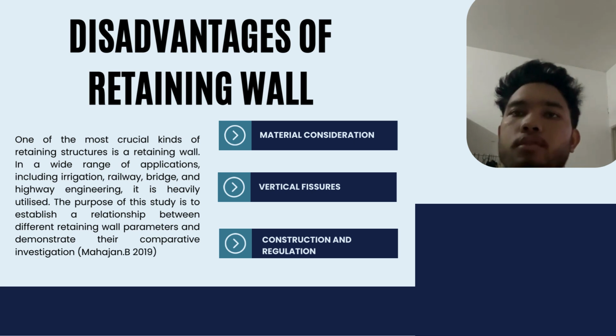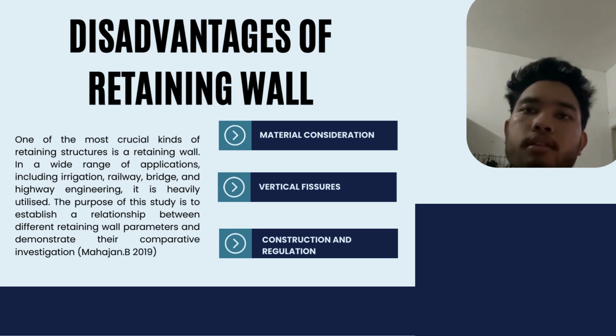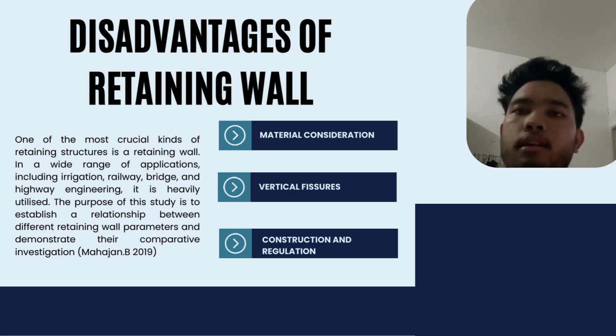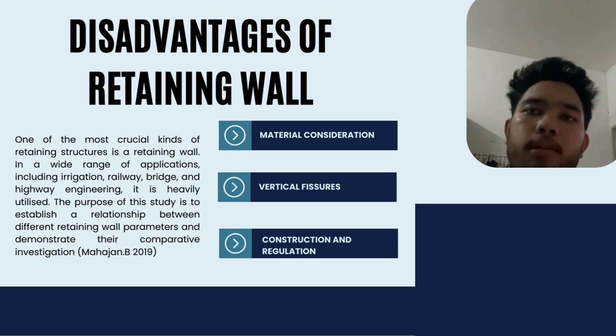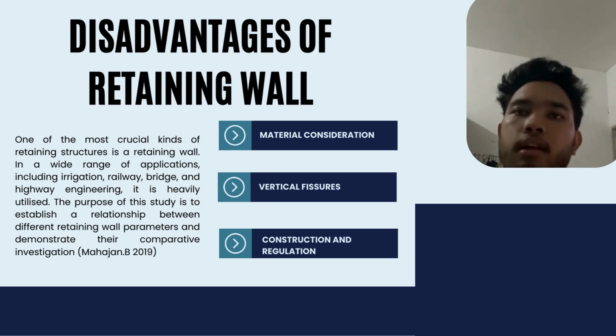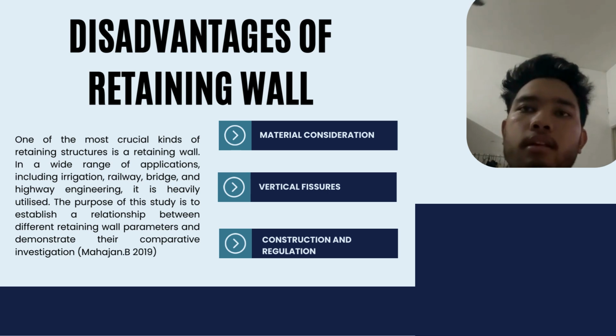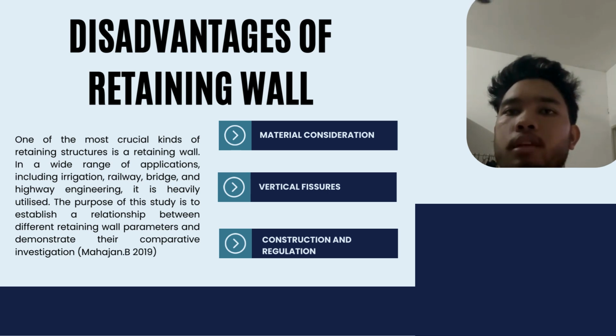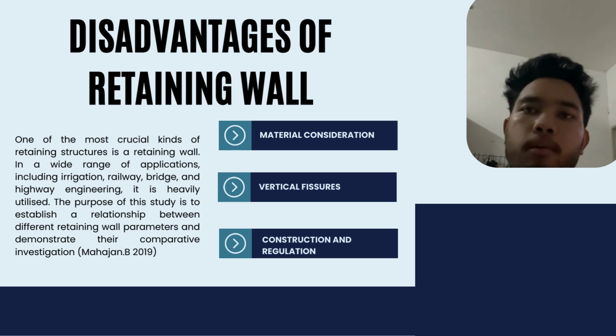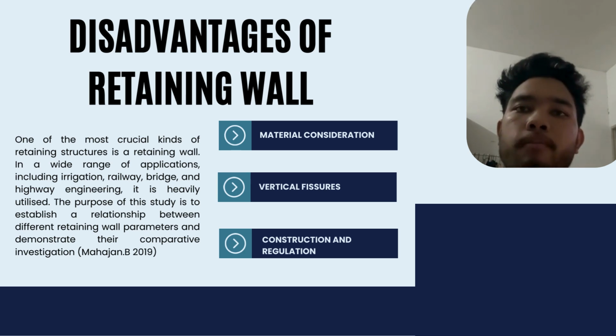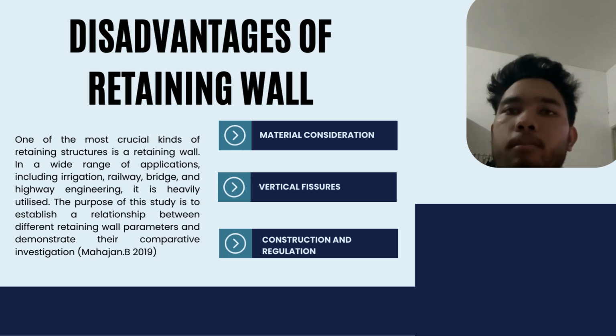One of the most crucial kinds of retaining structure is a retaining wall. It is heavily utilized in a wide range of applications including irrigation, railway, bridge and highway engineering. The purpose of this study is to establish a relationship between different retaining wall parameters and demonstrate their comparative investigation based on Mahajan B 2019.